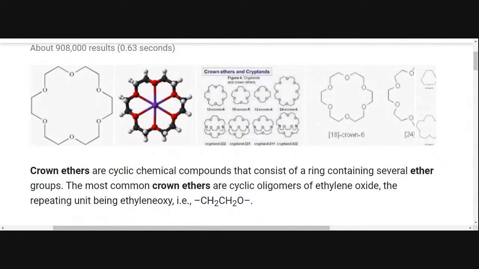Again, just so y'all can see, this is how the geometrical shape of the crown ether looks, and this is a part of your chemical makeup. So, for sure.